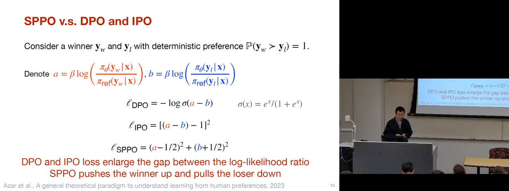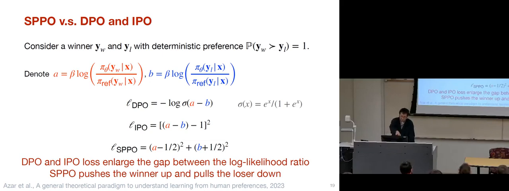So you can see that if you minimize this loss function, it tries to maximize the difference between A and B. However, it cannot guarantee that A will be increased and B will be decreased. It's likely that A and B both decrease, but B decreases faster than A, so that their difference is maximized. And the IPO loss is solving a different objective function.